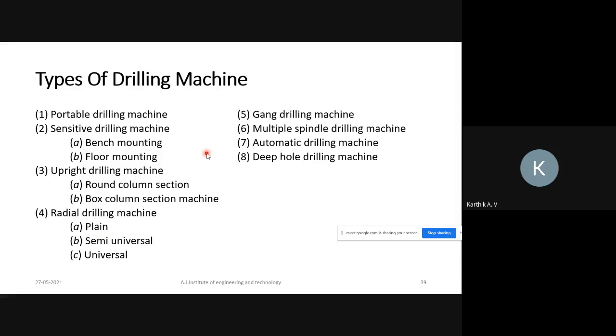Finished? Finished? The different types of drilling machine, please note down.